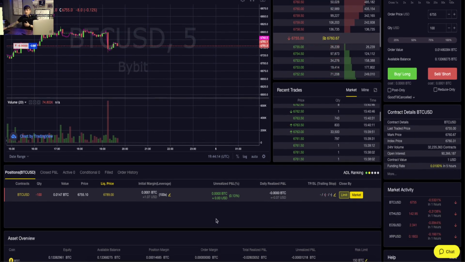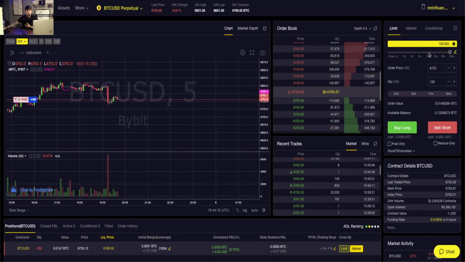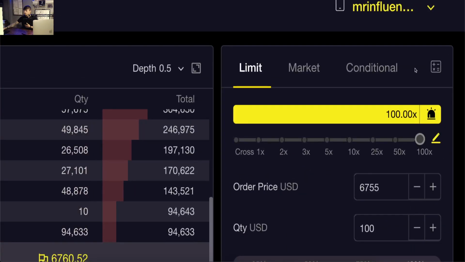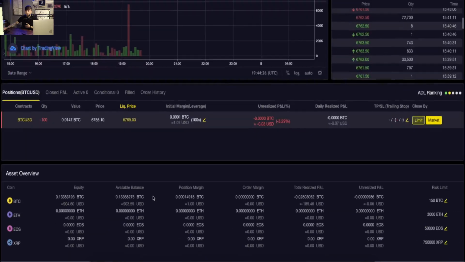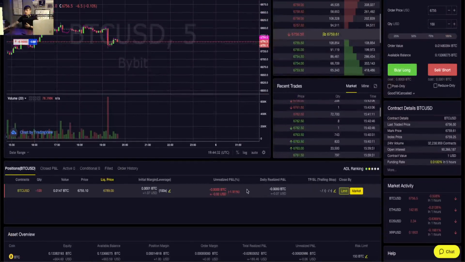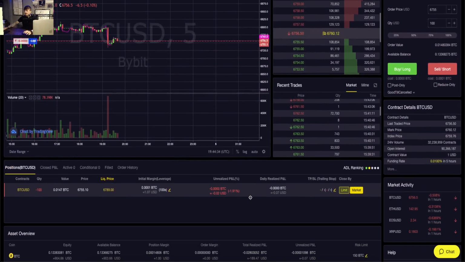Now you can see that since I used 100x leverage, and I put in $100, really all I put up, as you can see over here, is $1.07. That's all I put up. So now we're just sitting, and we don't have a stop loss set right now. So right now it is very dangerous for us.